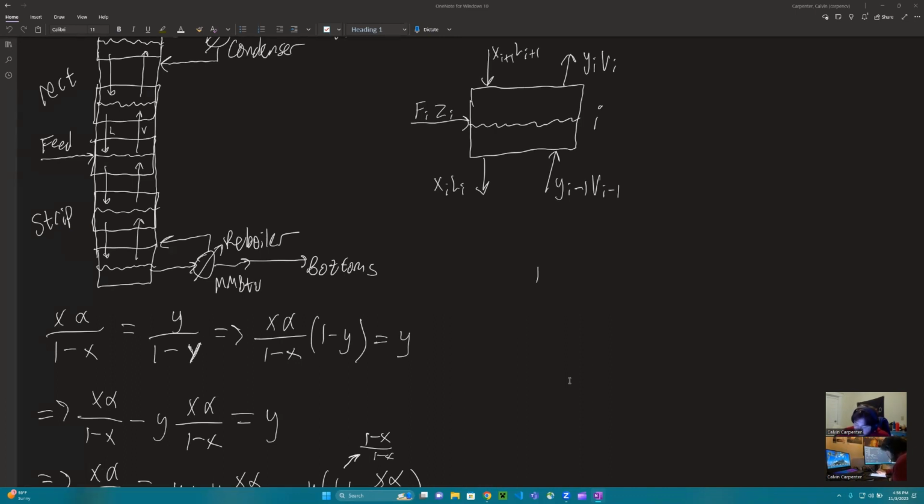So F i z i plus x i plus 1 L i plus 1 plus y i minus 1 V i minus 1, and then you're going to subtract x i L i and your y i V i. So that's your mole balance for your liquid and vapor fractions for stage i.